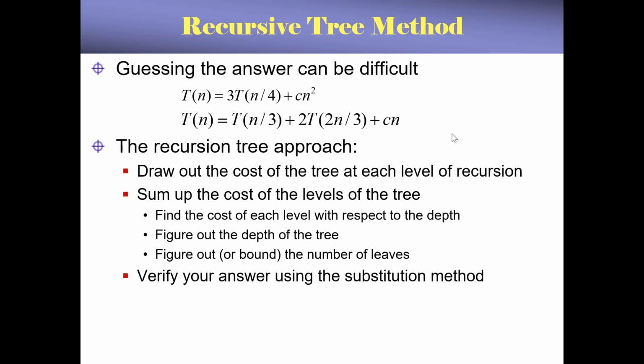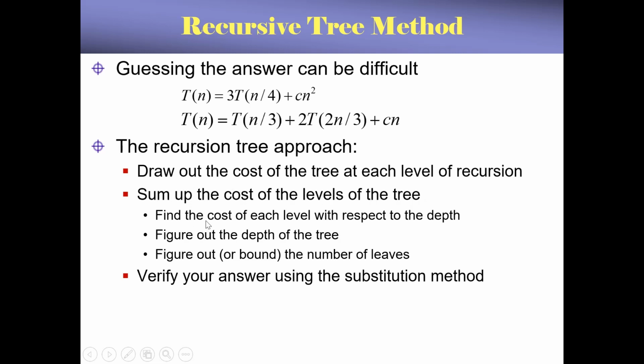Actually, I already showed you one example last time, which is the recurrence relation of merge sort. We did solve it using a recurrence tree. So we're going to try another one as our second example. The recursive tree approach involves drawing out the cost of the tree at each level of the recursion, and then summing up the cost of the levels of the tree.